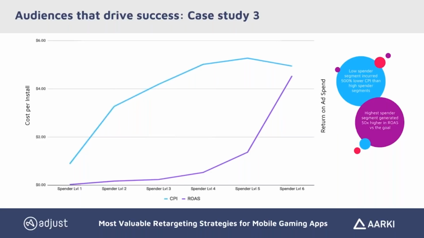By having these different segments, we were able to target these users and optimize against each user group separately. So for high-level spenders, we were much more aggressive in our bids. We were much more aggressive in going after these users. We knew they were high value. And like before, their performance in terms of return on ad spend was very good, but scale wasn't there.